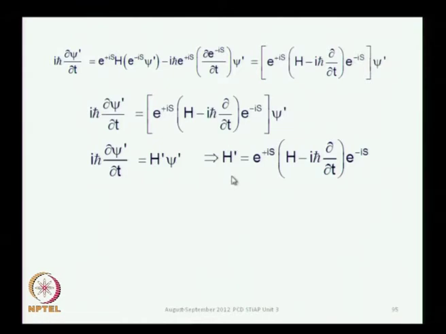In the transformed representation, the new Hamiltonian is e to the iS, old Hamiltonian minus i h cross del by del t, e to the minus iS, and we have to find what that operator S will do the job that we want it to do.